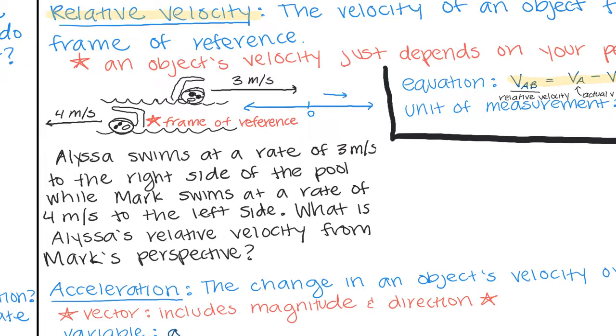Anytime an object is moving to the right, I want you to indicate that that object is positive. It's moving in the positive direction because those are toward the positive numbers on that number line. Anytime an object is moving to the left, I want you to indicate that with a negative sign, indicating that you are moving to the left toward the negative domain on the number line.